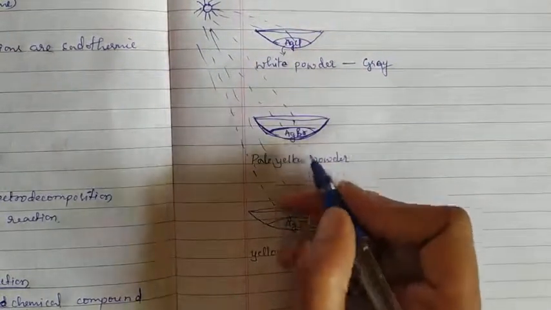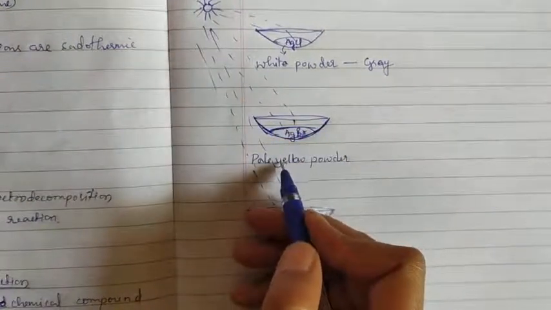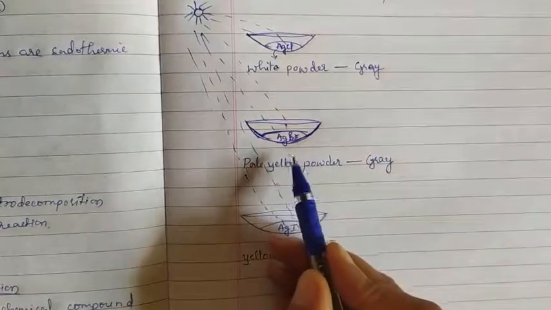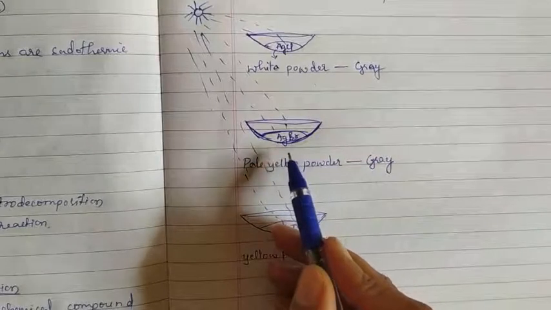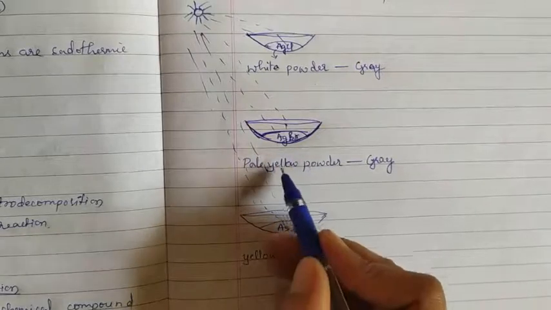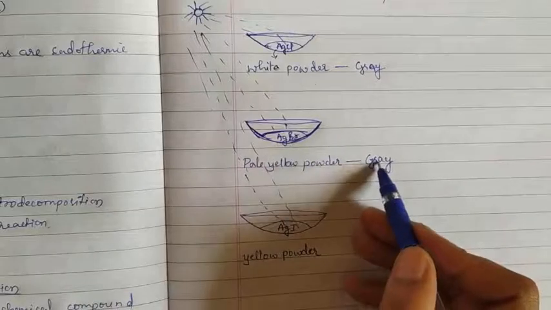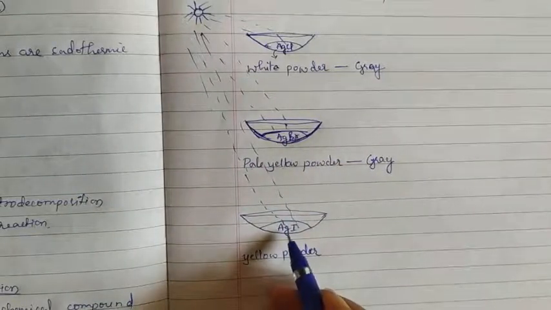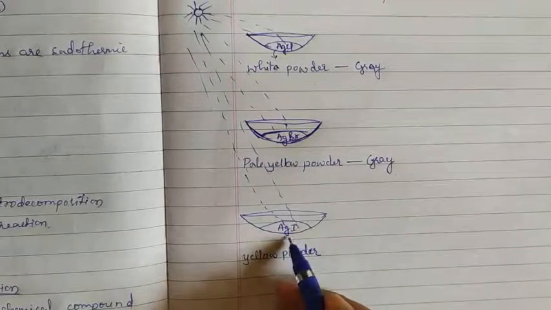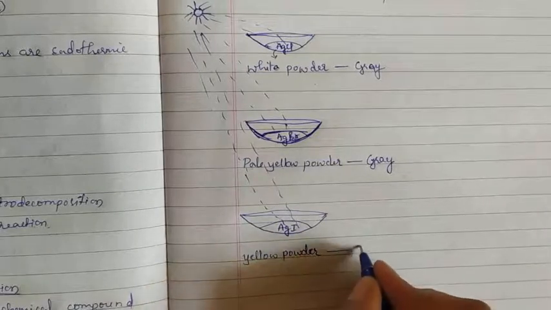And this silver bromide, after some time of exposure to sunlight, its pale yellow color changes into gray. Similarly, the silver iodide, on exposing to sunlight after some time, its yellow colored powder changes into gray.